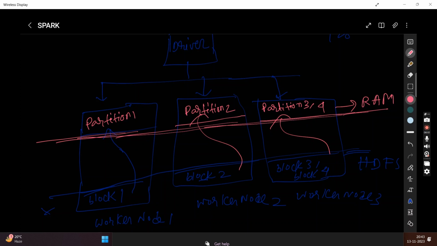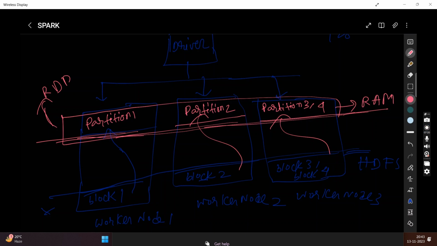So we can say that this is the RDD, or base RDD: partition 1, partition 2, partition 3, partition 4, everything. This whole thing is called an RDD in Spark.